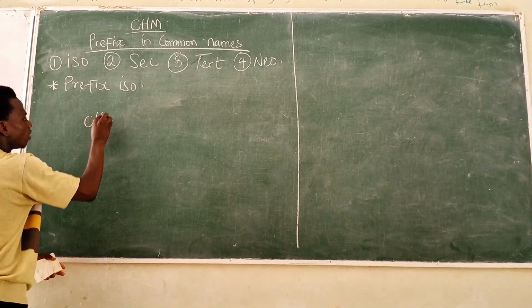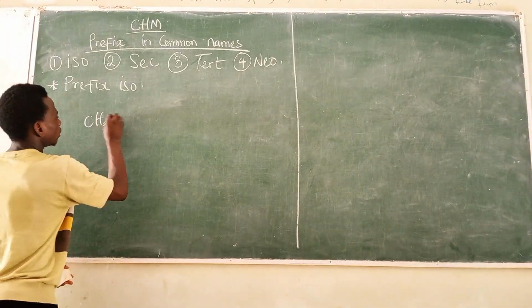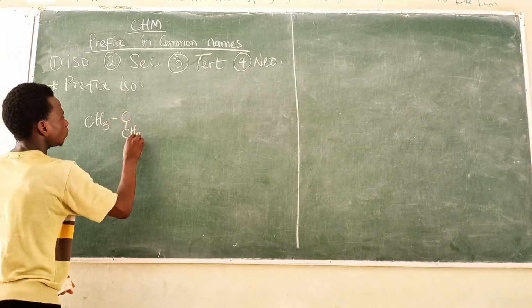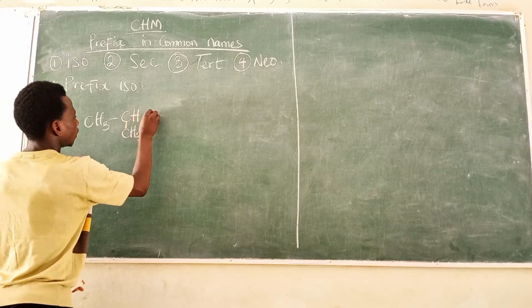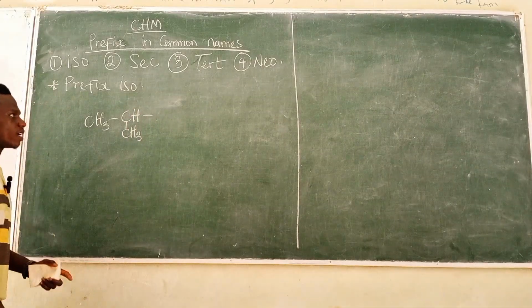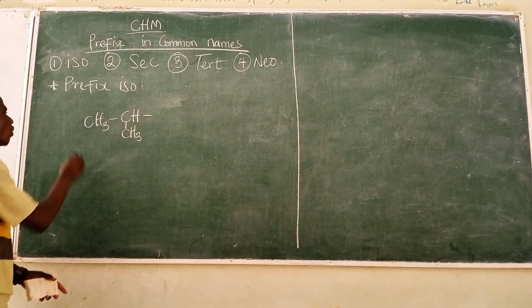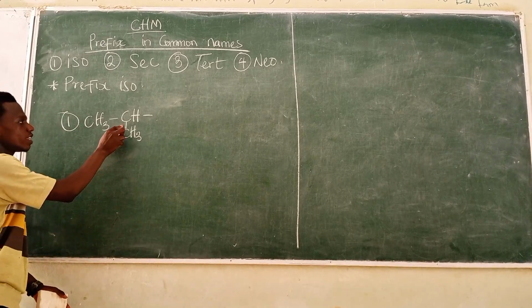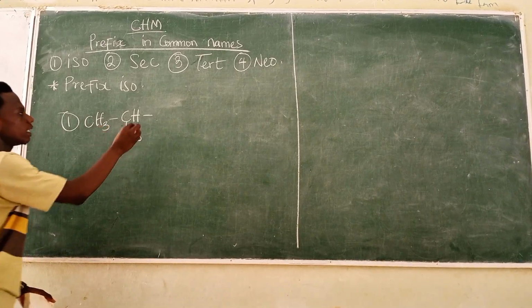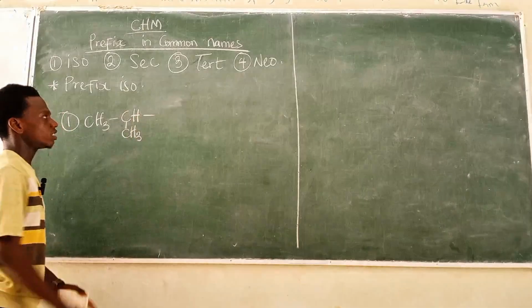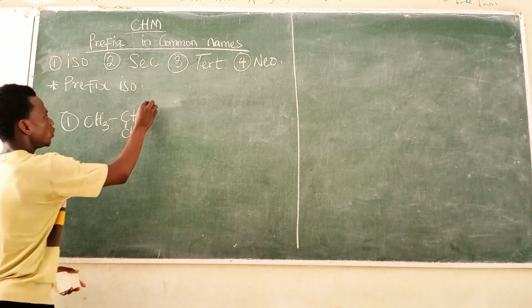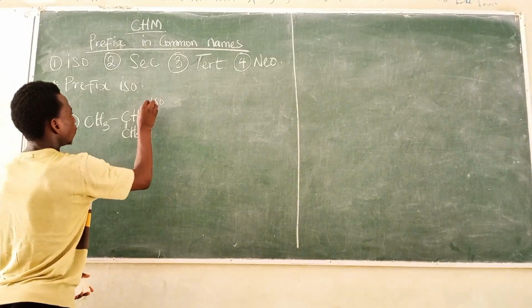On number one, we have this CH3 that is connecting to a carbon. Now, this is what I'm trying to talk about. When you have a methyl group attached on the second to the last carbon atom that is connecting to the parent chain of an organic compound, that is when you have an iso.